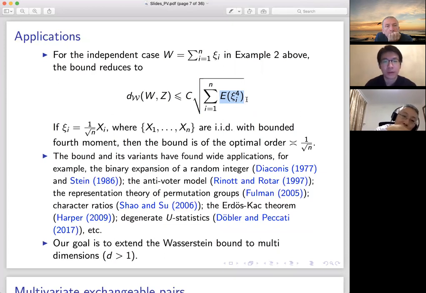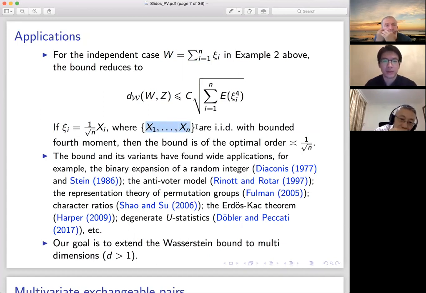To understand the order of this upper bound, we consider the case where this W is a standardized summation of a sequence of iid random variables. So xi would be 1 over square root of n times X_i, where n is the number of terms, and X_i is the underlying sequence of iid random variables.